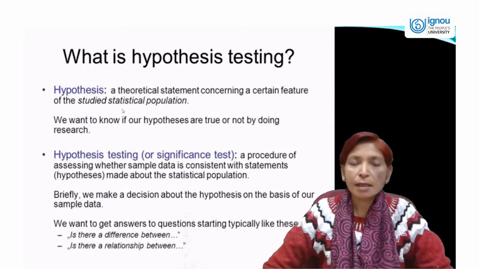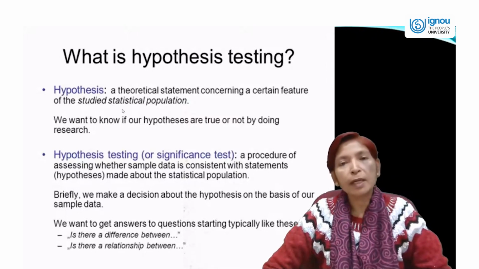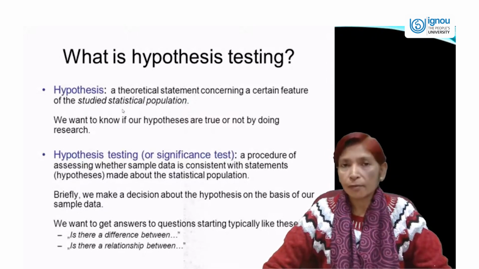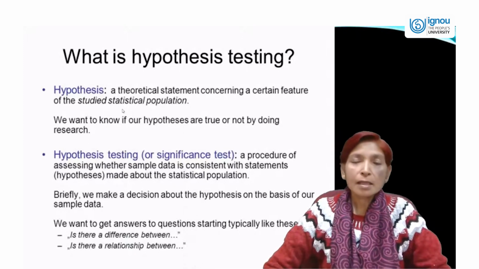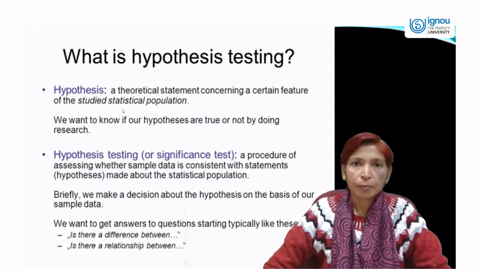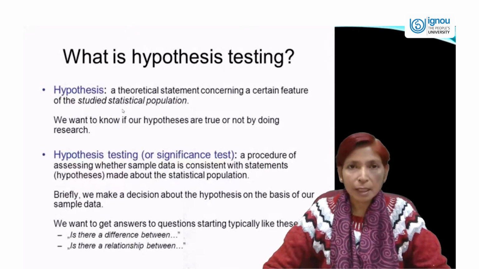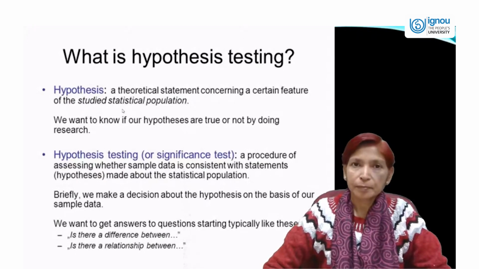In this, we want to get answers to questions typically starting like this: Is there a difference between two variables? Is there a relationship between two variables? If there is no significant difference between the two variables, it means our null hypothesis will be accepted.